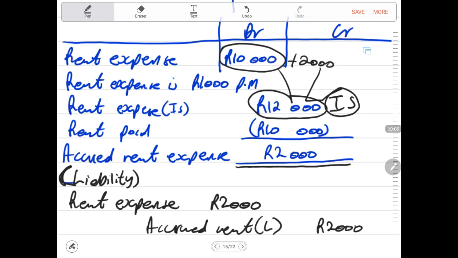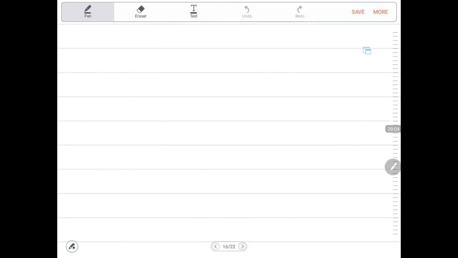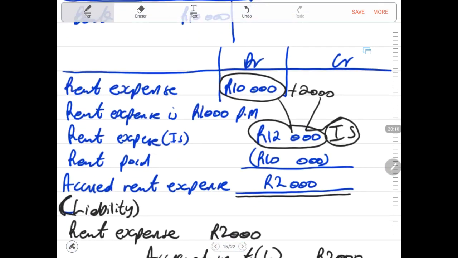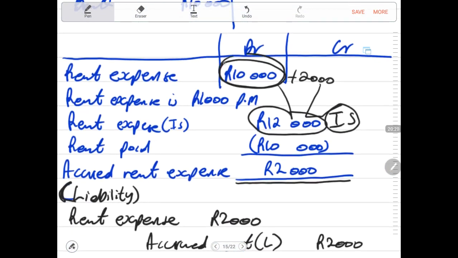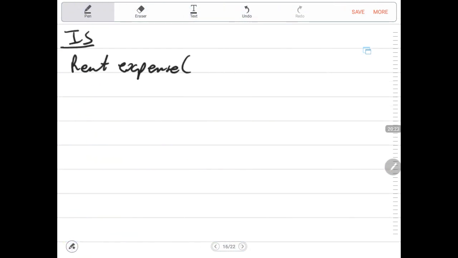Now, if you were doing the statement of profit or loss and other comprehensive income, which is the income statement, then you would have a line item somewhere there that says rent expense. And you would have taken first the amount from the trial balance, which is 10,000, the amount already paid. You would have said 10,000 rands.